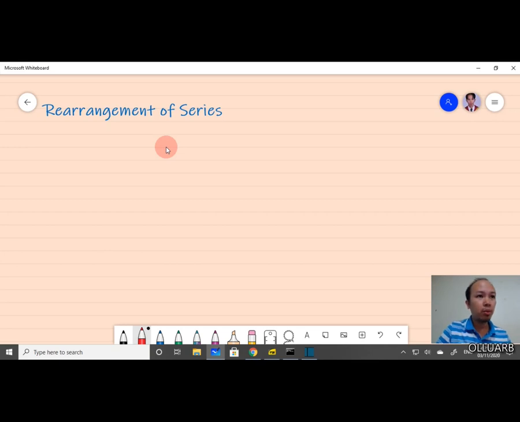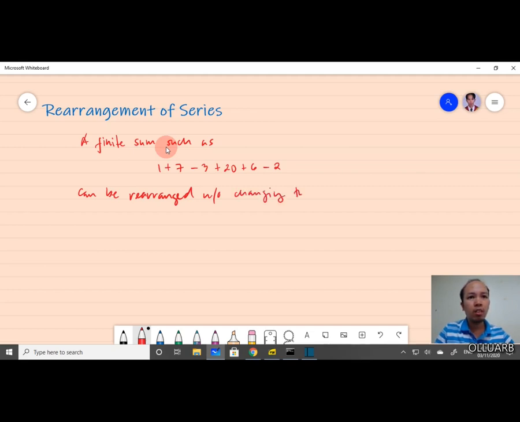So as I've said, this is in relation to the absolute convergence and the conditional convergence. Okay, so if you remember, a finite sum, for example, such as this one, 1 plus 7 minus 3 plus 20 plus 6 minus 2, can be rearranged without changing the value of the sum.